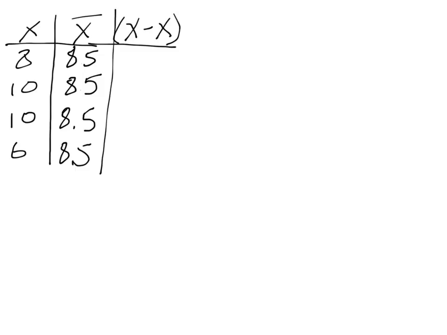Well, I won't square it at first. So the difference between 8 and 8.5 is negative 0.5. 10 minus 8.5 is 1.5. Again, it's 1.5, and this is a negative 2.5.